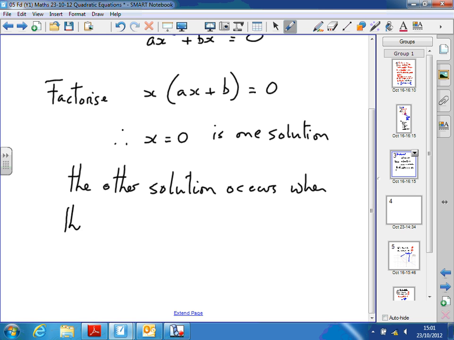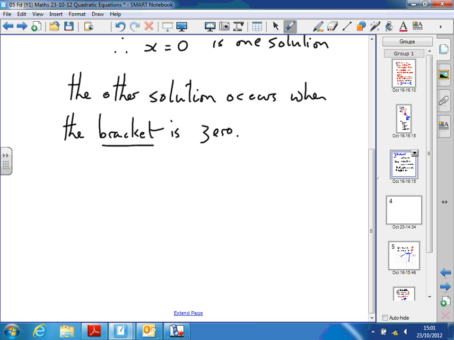When the bracket is 0. The other solution occurs when the bracket is 0, and that's the interesting one. If that bracket turned out to be 0, then it doesn't matter what value x has, the left-hand side will be 0. That is, ax plus b equals 0. And this is a linear equation we can solve.